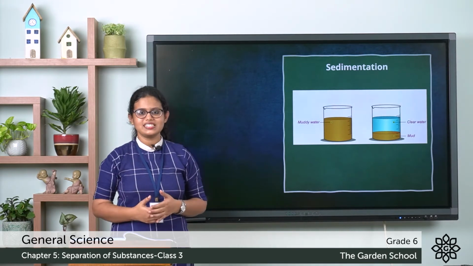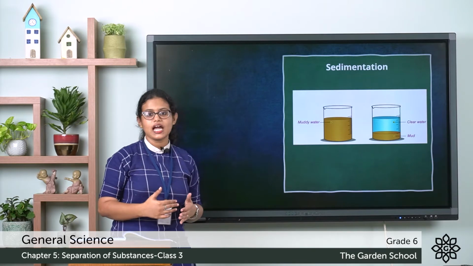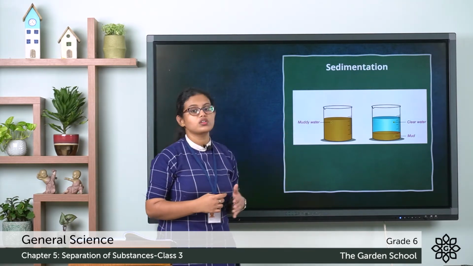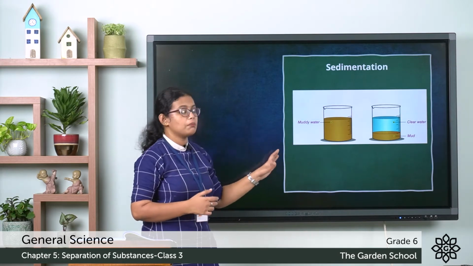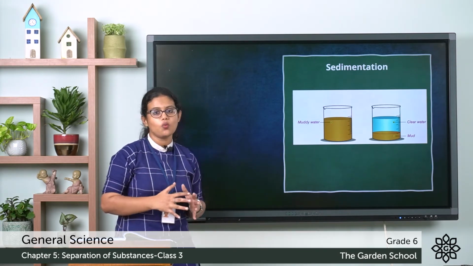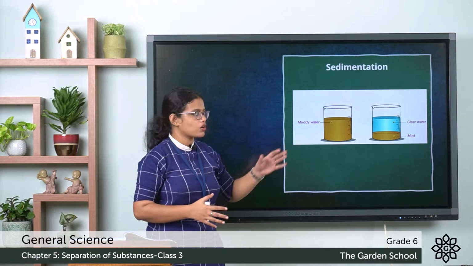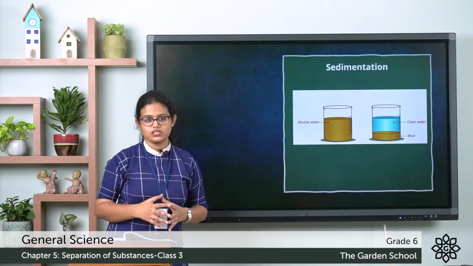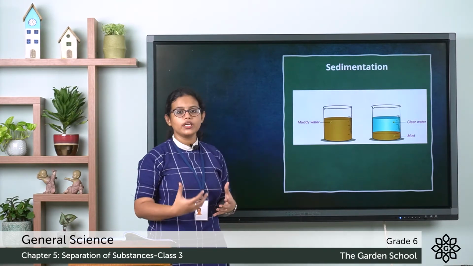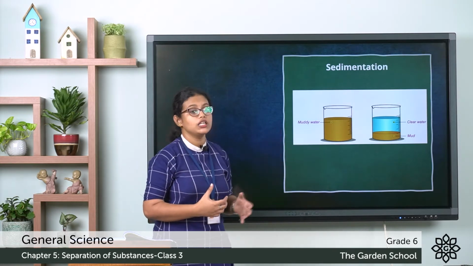After this, you can see the heavier particles get settled down at the bottom and water on top of it. As you can see in the picture, this is a mixture of mud and water. The mud got settled down at the bottom and you can see the clear water on top of it. What do we call the undissolved particles at the bottom?